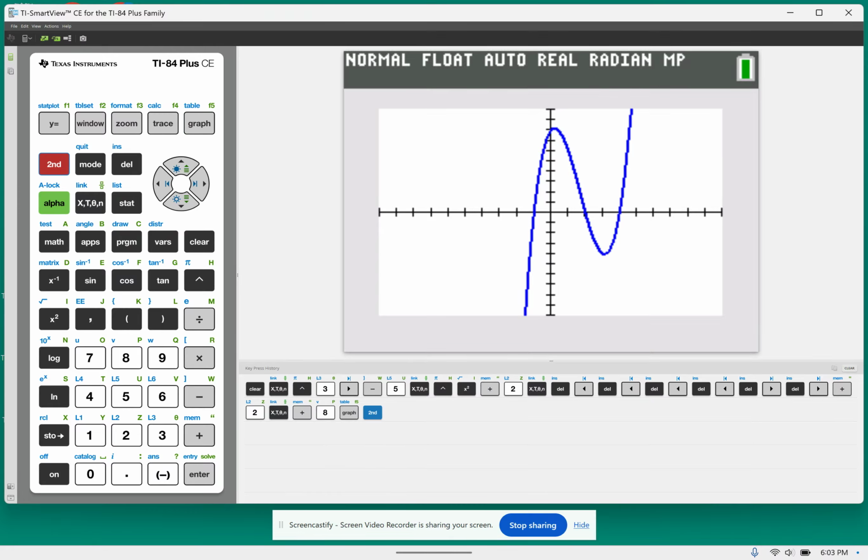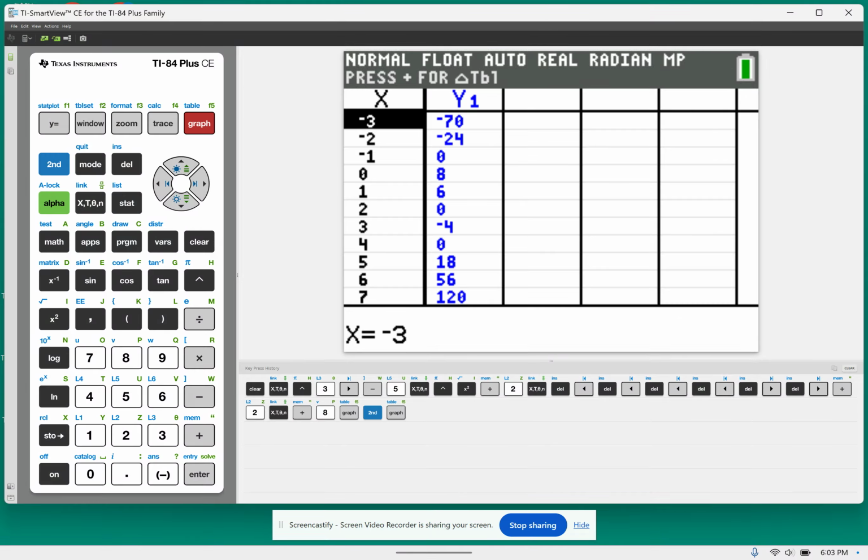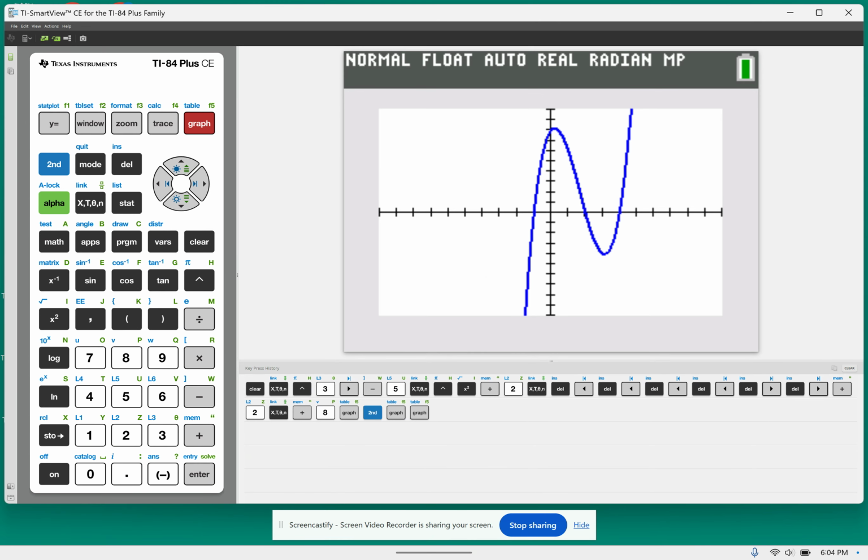So then I'm going to go to my table and I'm in luck. I can see the 3 zeros on my table. It looks like they are at -1, +2, and +4. So there are no multiplicities because I can see all of them from the table. Remember, there are no bounces.